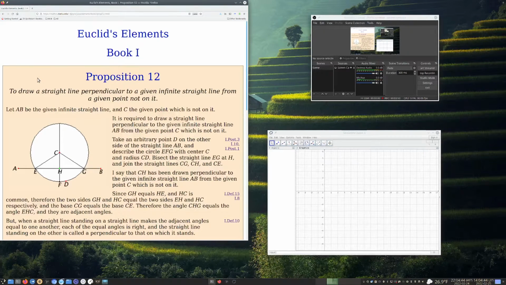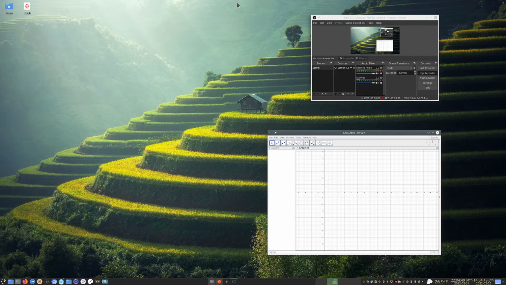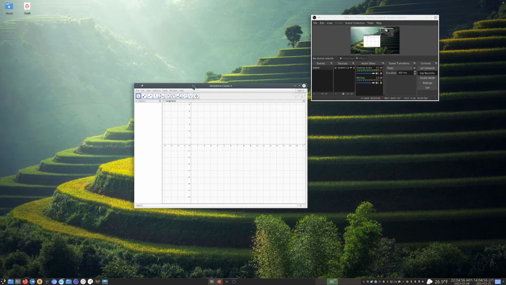Before we actually look at this, I'm going to minimize this. Let's try to figure out how to do this. So what you're going to want to do is make an equilateral triangle.